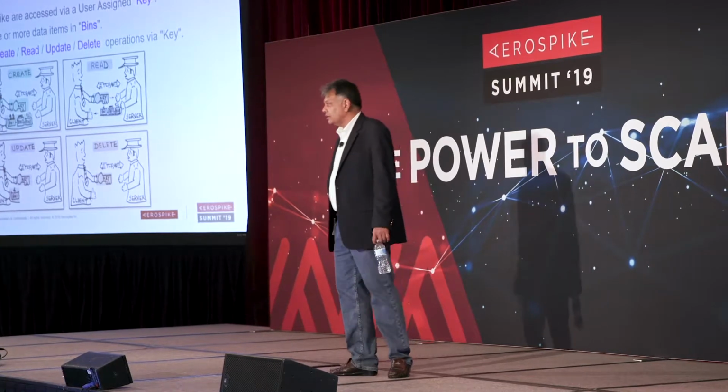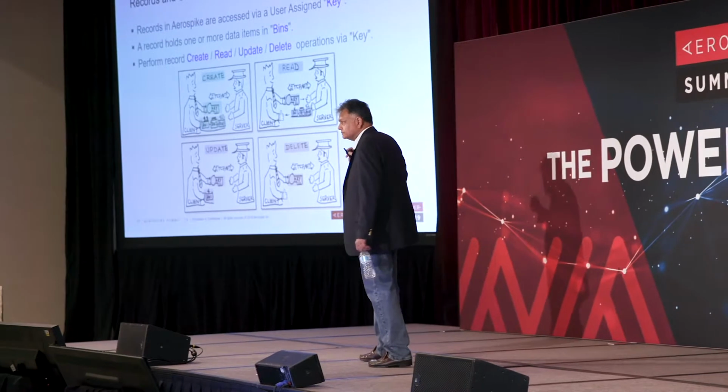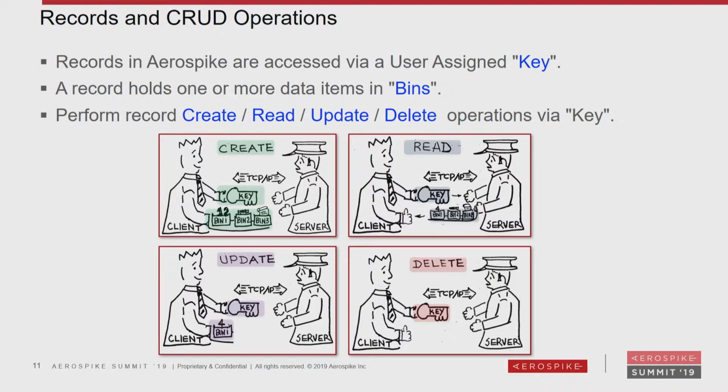And then we give you the CRUD operations, the create, read, update, delete. So when you're creating a record, you're going to give us the key, and you're going to give us the data you want to put in, the bins. On the read, you're going to give us the key, and the server will give you back the bins. On an update, you're going to give us the key, which record you want to access, and just give us the data you want to change.